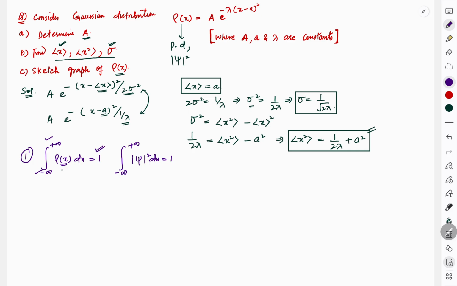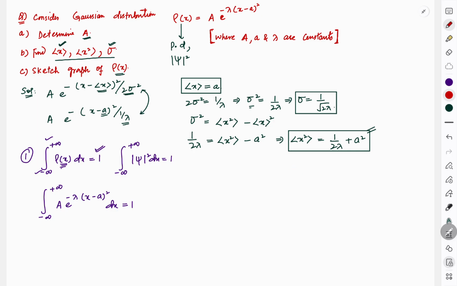So we'll directly substitute rho of x here. The integral from minus infinity to plus infinity of a e power minus lambda (x minus a) whole square d of x equals 1. Now I'll tell you the Gaussian integral.